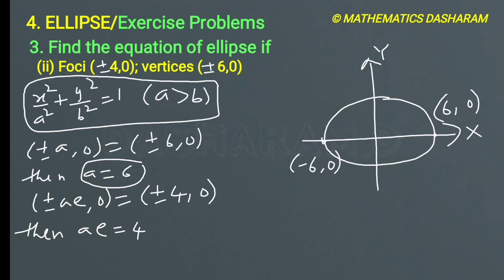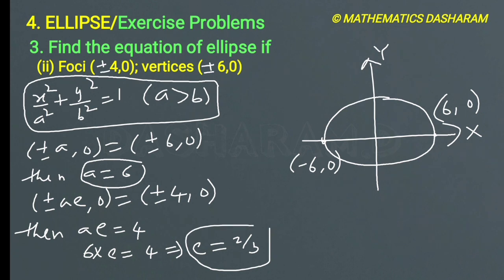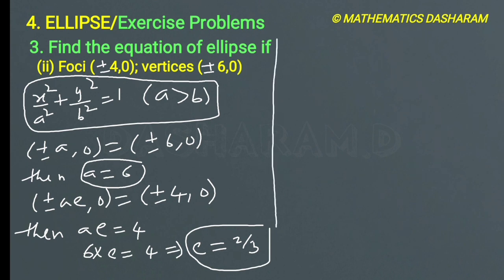So 6 into e equals 4, then e equals 4 by 6, so then 2 by 3. But we need b value. So to find out the b value, use the eccentricity formula, that is e equals, when a is greater than b, then the e formula is under root 1 minus b square divided by a square. So e value 2 by 3.